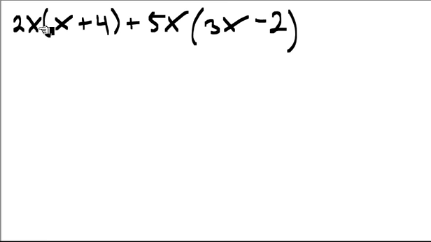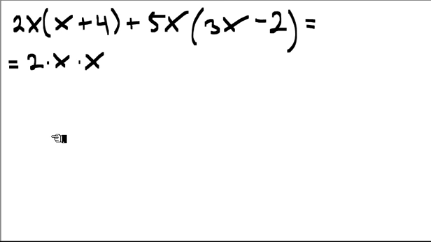So it's going to be 2x times this term, x, and this is 2 times x, and then times x.